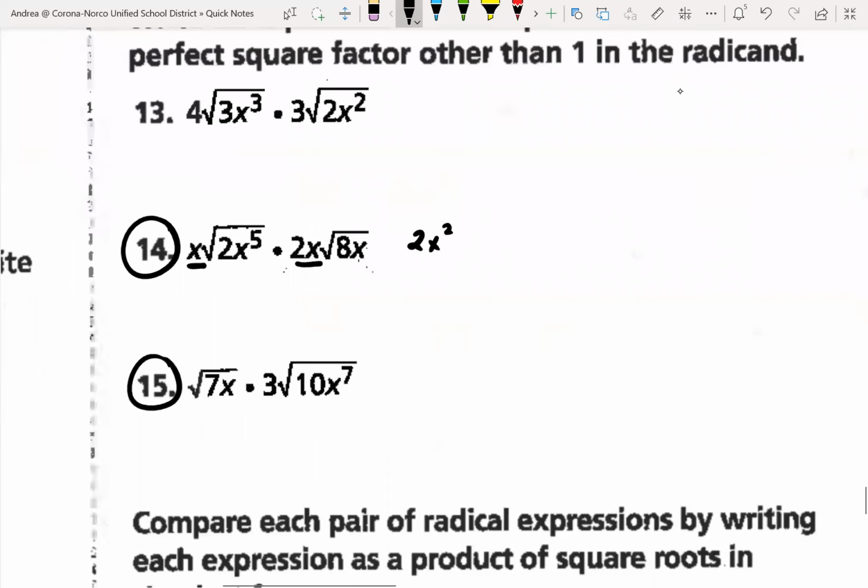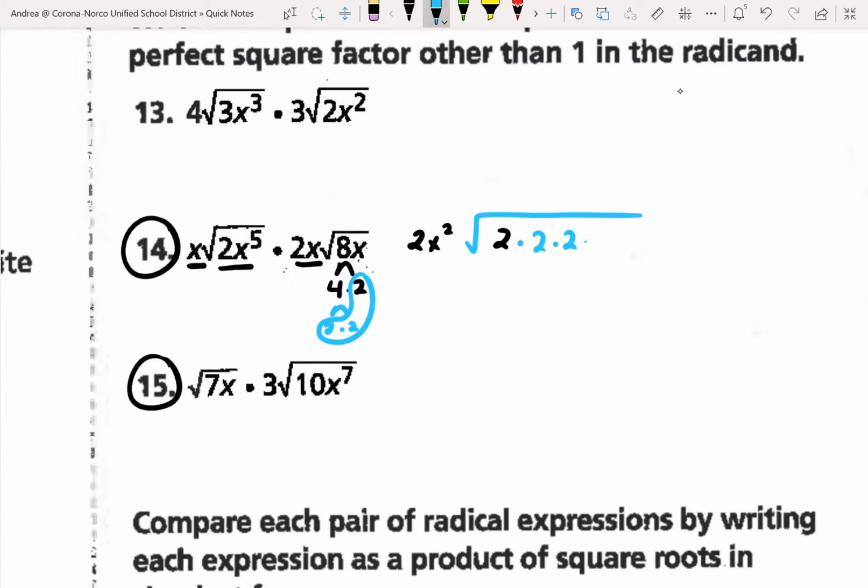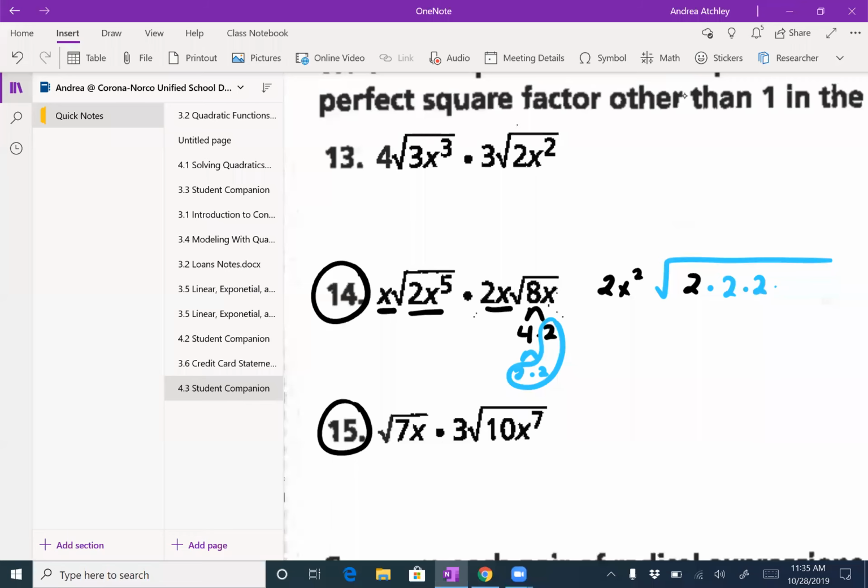Then I'm going to factor, which would be 4 times 2, 2 times 2. Inside my radical, I have 2, then times these 2's. Hold on 1 second. Okay, so I have 2 times 2 times 2.